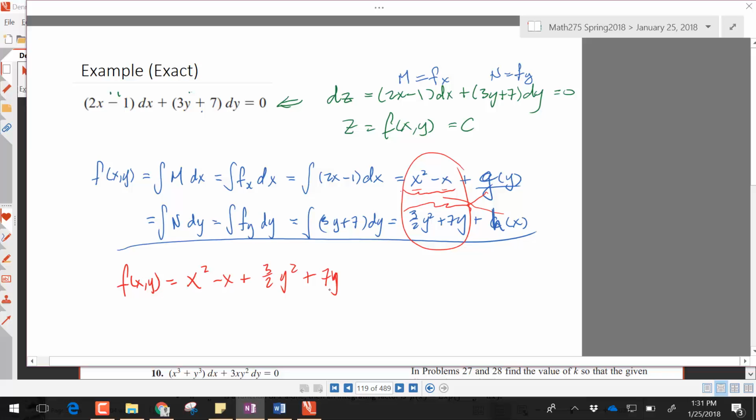And what you could do is take the differential of this function: take the derivative with respect to x and attach a dx, take the derivative with respect to y and attach a dy, and see if that looks like our differential equation from the beginning.